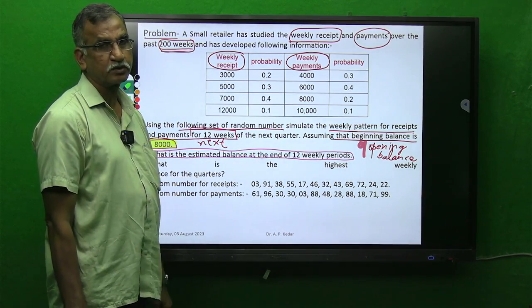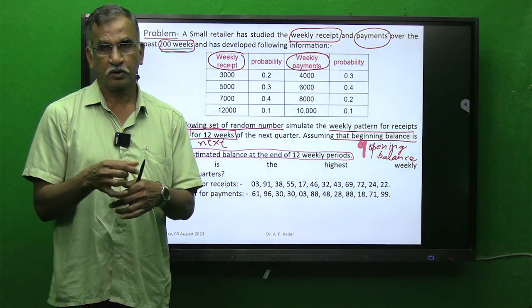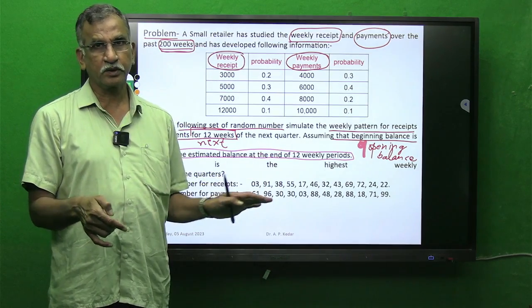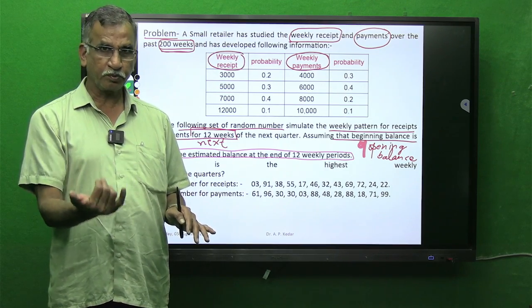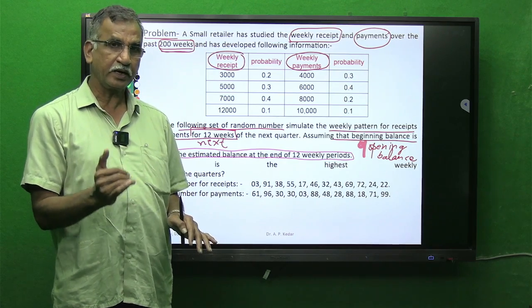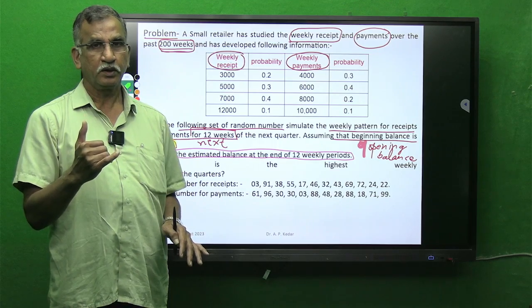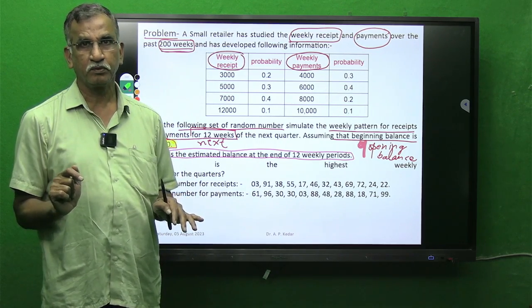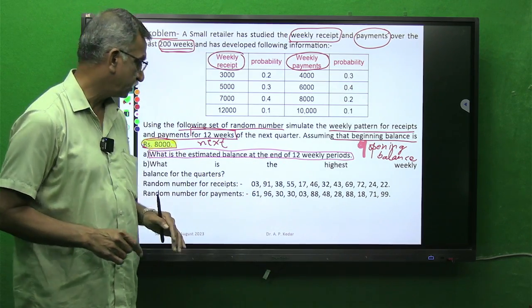So we will be simulating data for 12 weeks, and then based on your present opening balance at the 0th week, which is 8,000, then transaction in every week in terms of receipt and in terms of payments, we will be having balance remaining at the end of every week, that is at the end of first week, second week, third week, fourth week. Likewise, we have to estimate what is the balance at the end of 12 weeks. That is one thing we will find through Monte Carlo simulation.